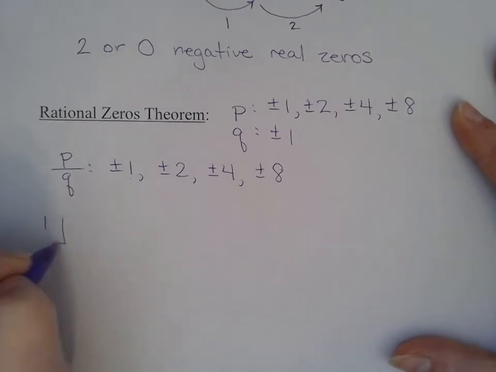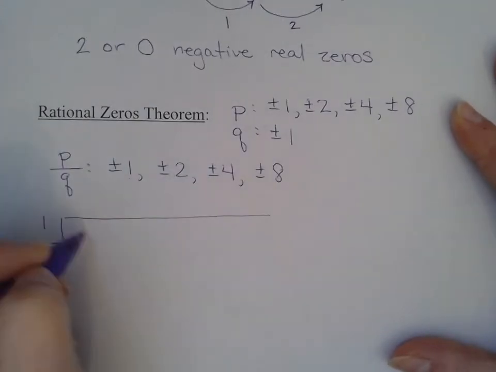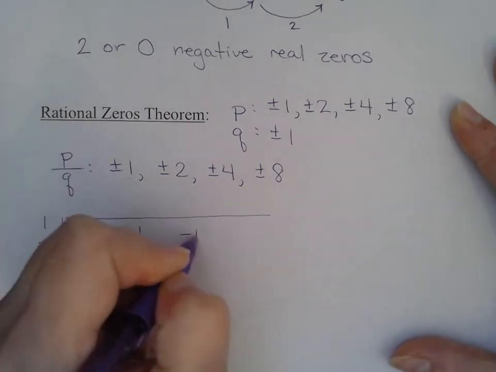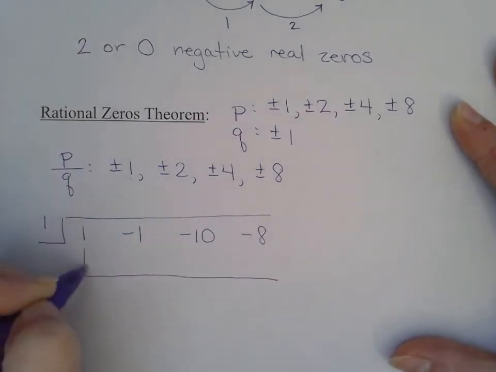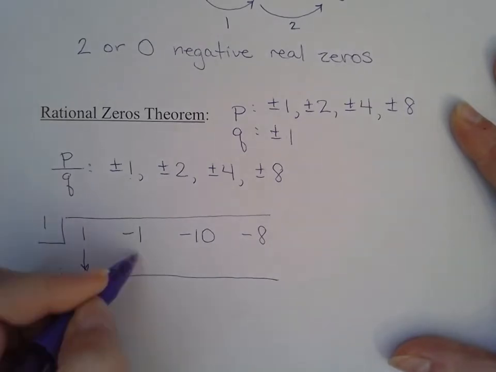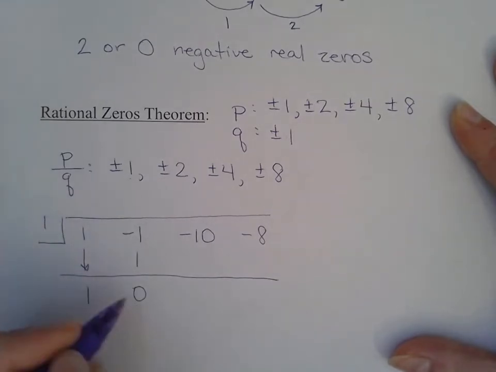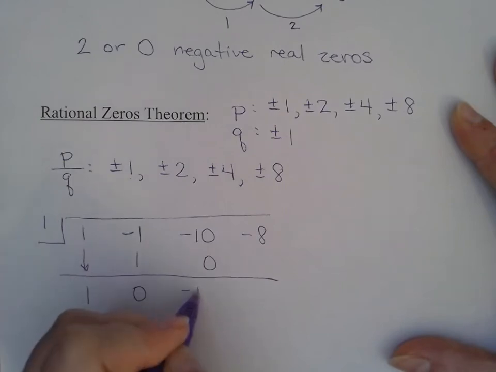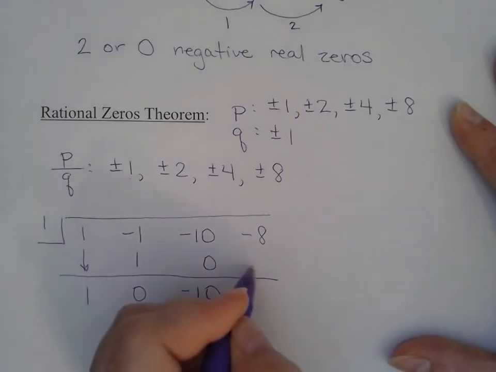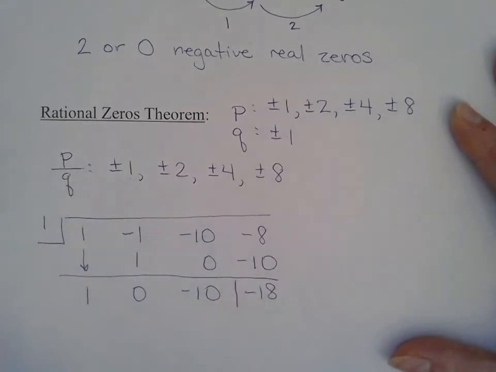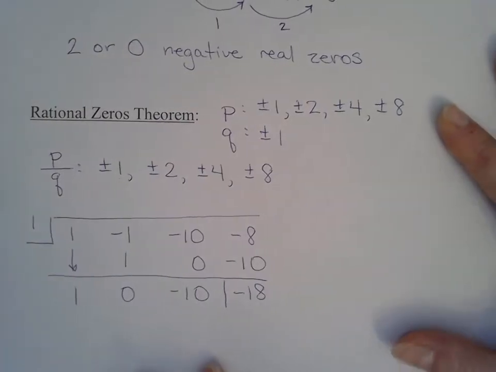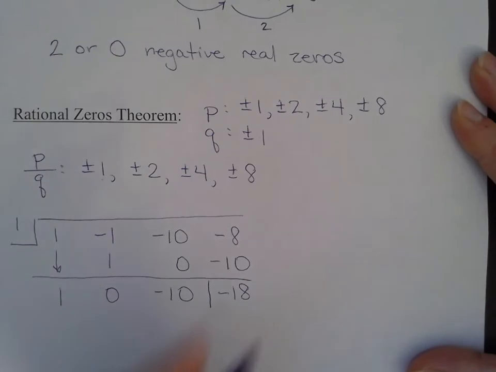Let's start with 1. We'll do the synthetic division. 1 times 0 is 0. 1 times negative 10 is negative 10. All right, 1 is not a zero. Let's try 2.